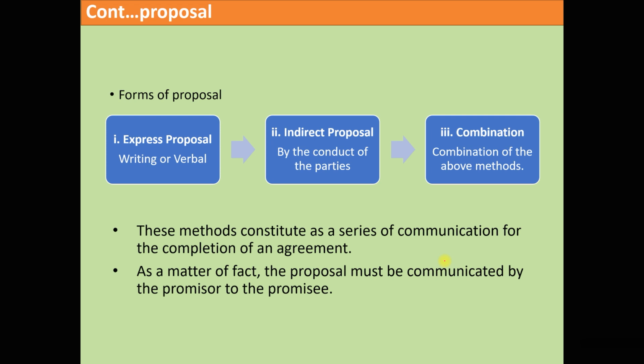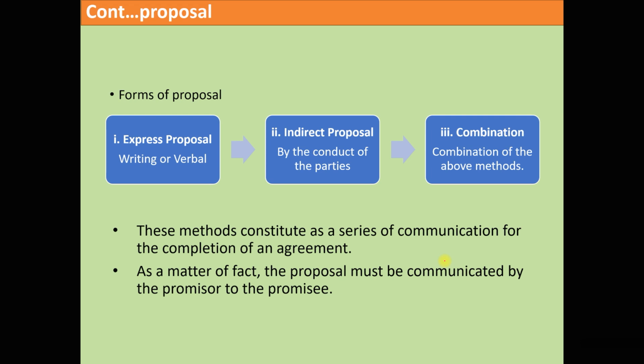The second one we call an indirect proposal. It is made by the conduct of the parties. This kind of proposal is a little bit complicated, so sometimes it will raise some issues later on, because there is no clear proposal.